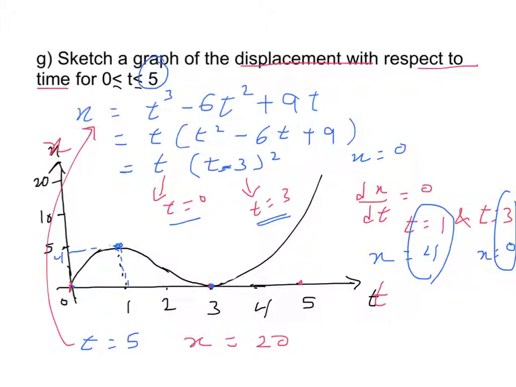As you notice, at t equal to 5 the curve keeps going, and this is the end of it. That's what's required of you to sketch. So you need to find where the displacement equals 0, and from the previous part, the stationary points, and put these labeled on a graph, and when t equals 5, x is equal to 20. All this information should be written and labeled on the graph.